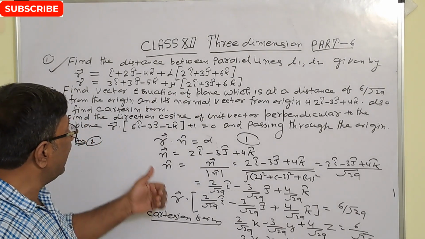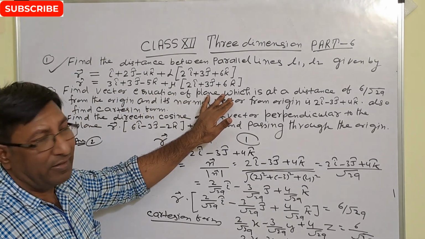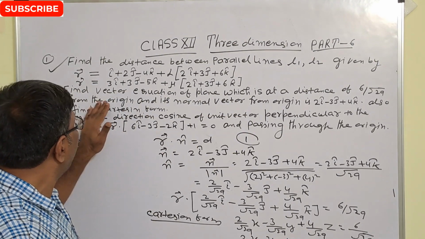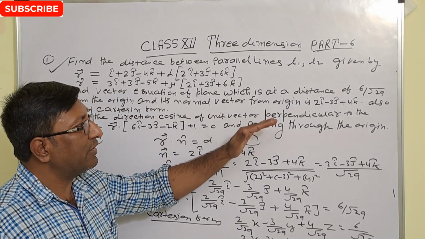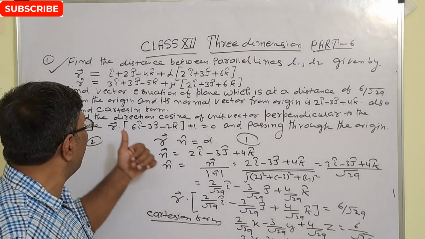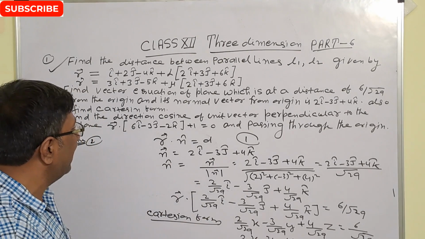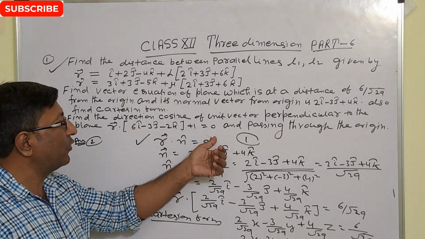Okay. So in this type of question, find the vector equation of the plane which is at a distance of 6 by root 29 from the origin and whose normal vector from the origin is given. And also we have to find the Cartesian form. For this type of question, we have the formula r dot unit vector n equal to d.